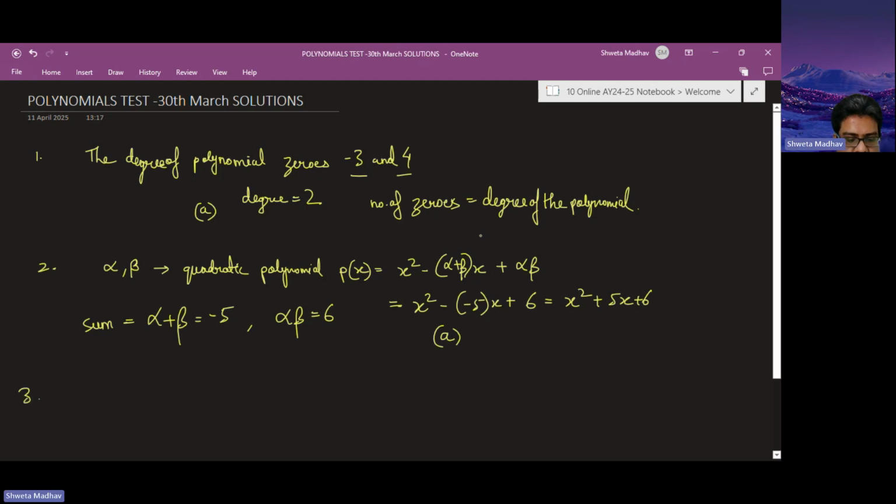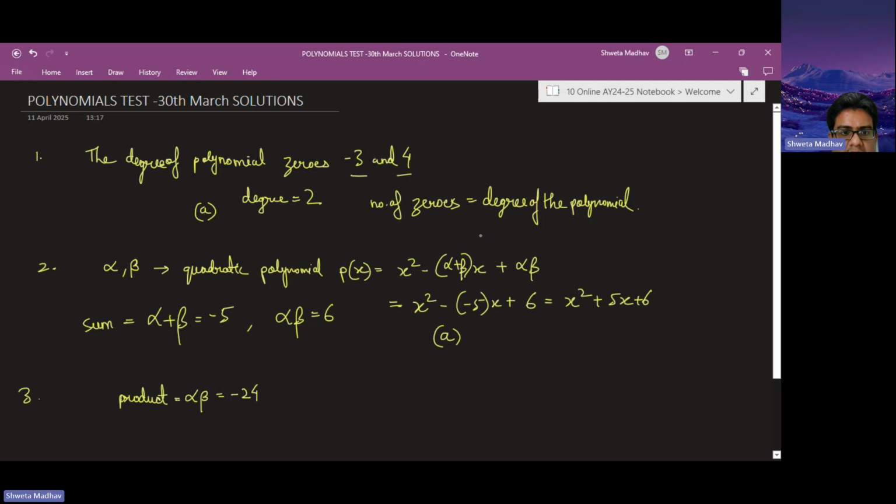Then in the third one, it is told that the quadratic polynomial p of x with -24 and 4 as the product and one of its zeros respectively is. The product of the zeros, alpha into beta, is given as -24.